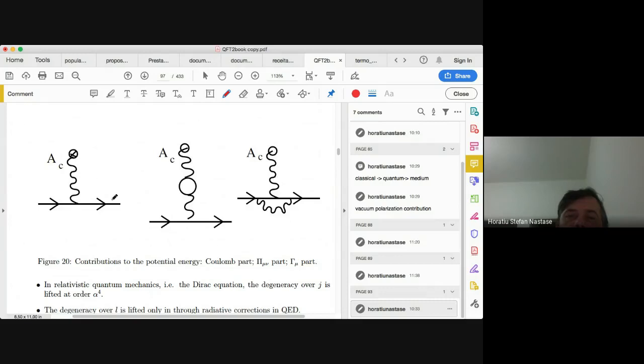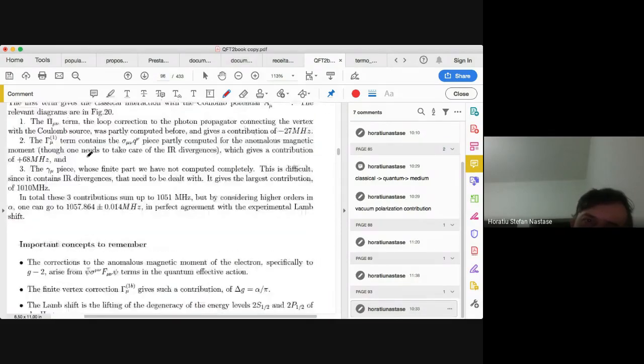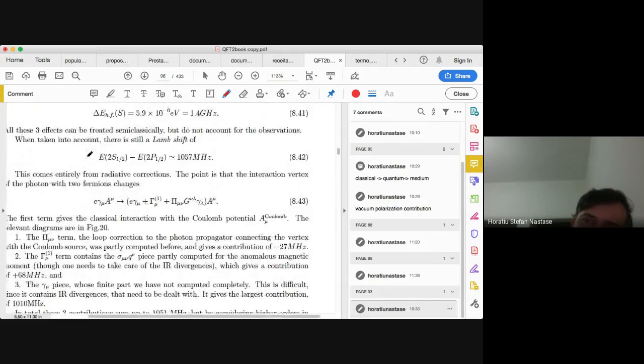These terms would also be related to normalization. So these contributions in themselves cannot be explained by any other semi-classical calculation.